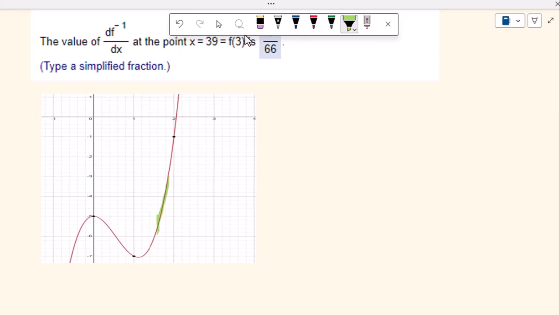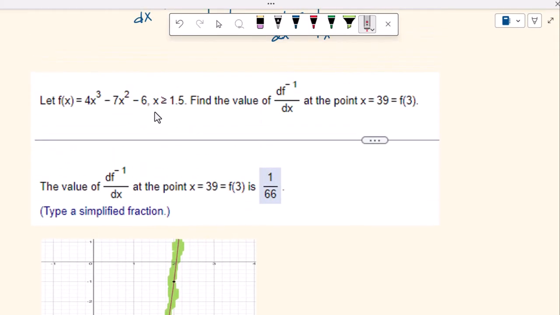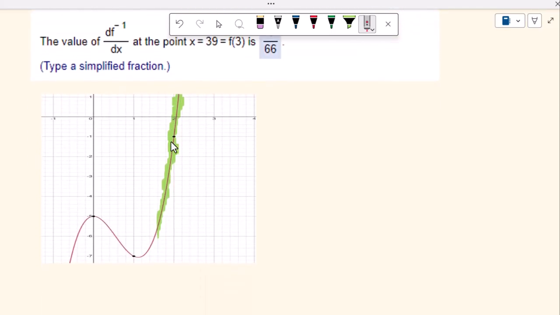I'm only looking at this portion of the graph because it said 1.5 to infinity. And on this part it does pass the horizontal line test. So it's restricted, and up here it says x greater than or equal to 1.5. That's why the graph was restricted. Otherwise the inverse wouldn't exist. Okay, so let's start with that premise.